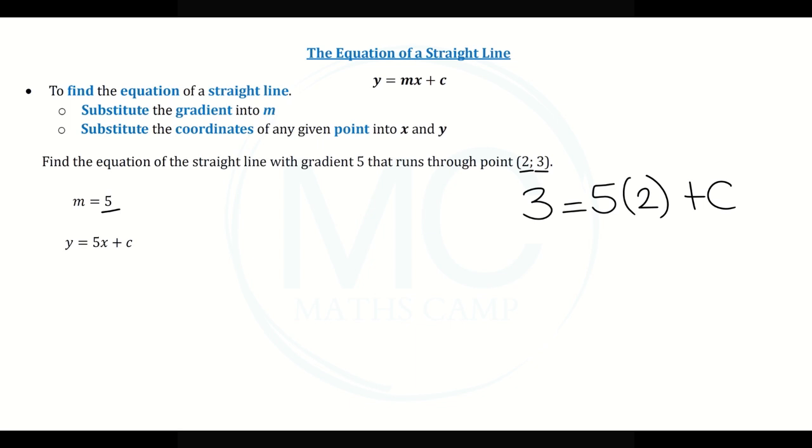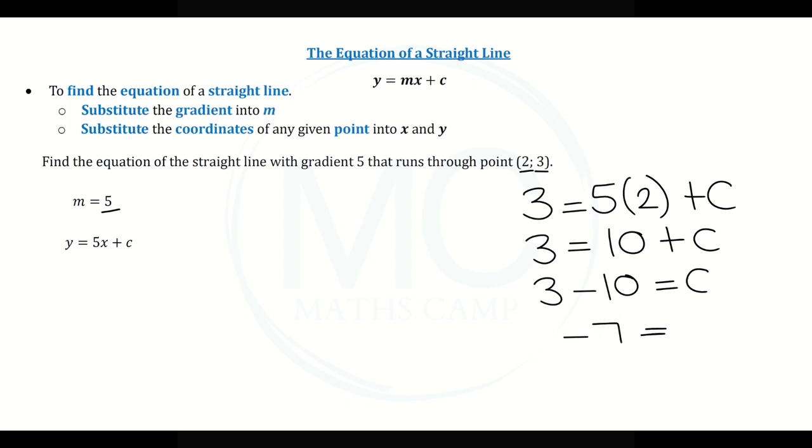Now we can expand our bracket, and we get 3 is equal to 5 multiplied by 2, which is 10, plus c. Let's move 10 to the left-hand side, and we get 3 minus 10 is equal to c, which means that negative 7 is equal to c.